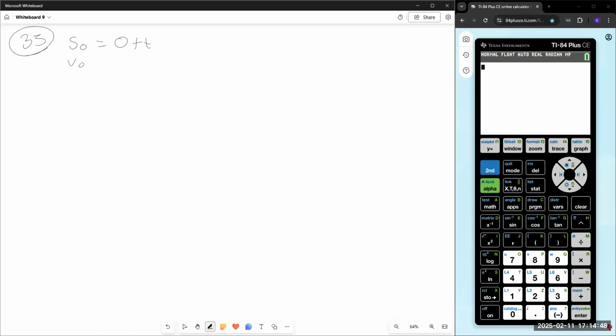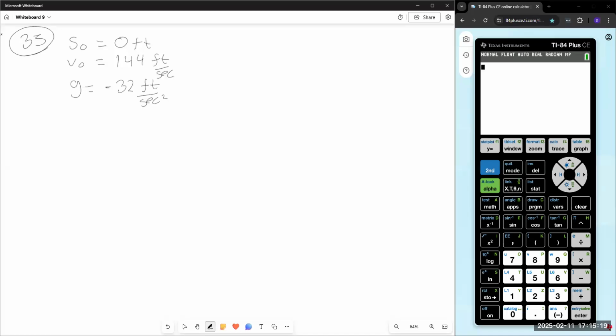The initial velocity they're going to give us is 144 feet per second upward. And then we need to know the acceleration due to gravity. Since feet is my unit of measure here, it is going to be negative 32 feet per second squared. That'll show up in the problem in a little bit.